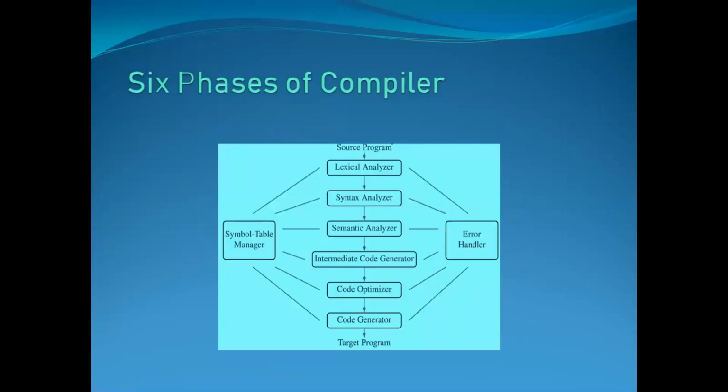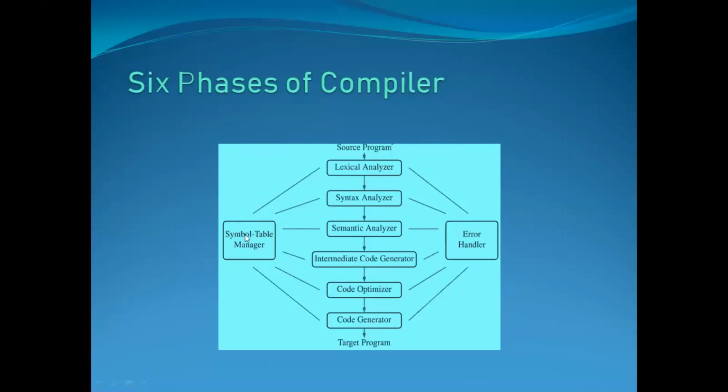And here is another picture of these 6 phases. This picture is a broader view of the compilation process. From source program to target program, we can see 6 phases here, but we can also see the additional information that these 6 phases are related to 2 other routines. The first one is error handling, and the next one is symbol table management.